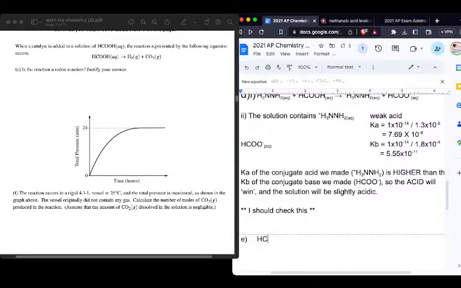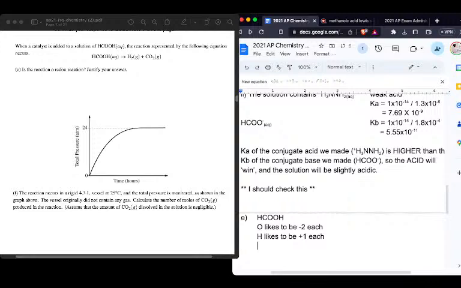What are the oxidation numbers of each of the components or atoms in methanoic acid? O likes to be -2 each. H likes to be +1 each. And generally the carbon will be whatever it needs to be to make the total charge work out. The total charge on this molecule is 0.